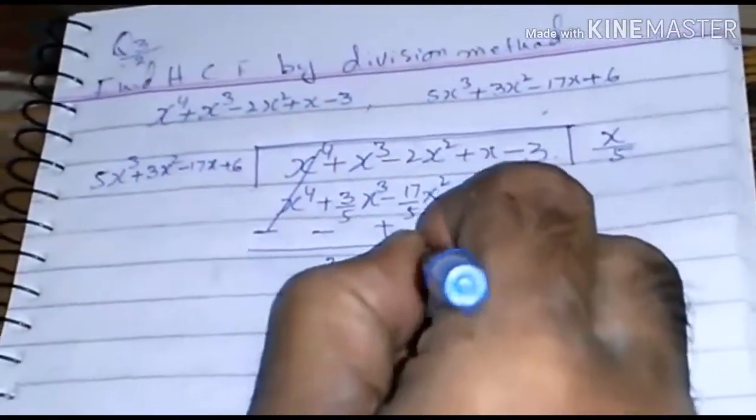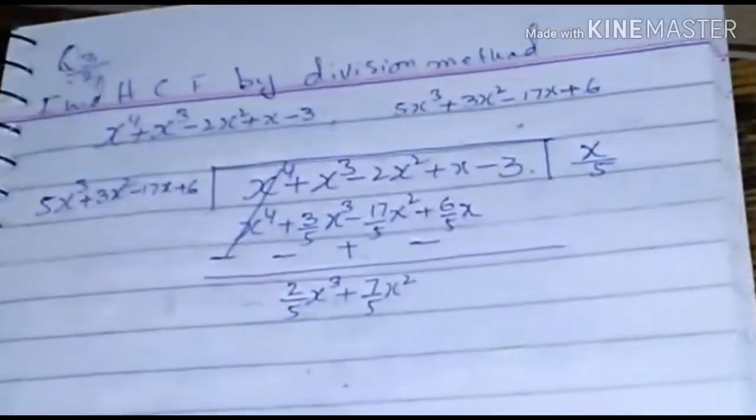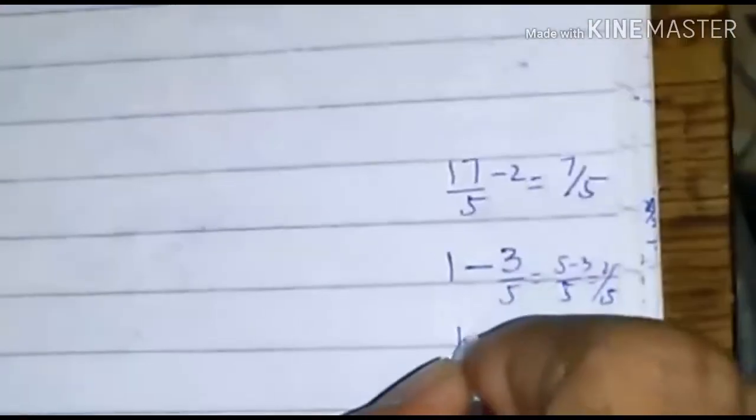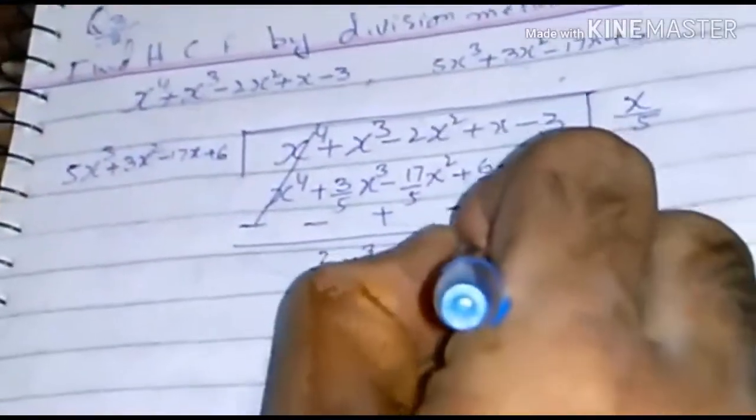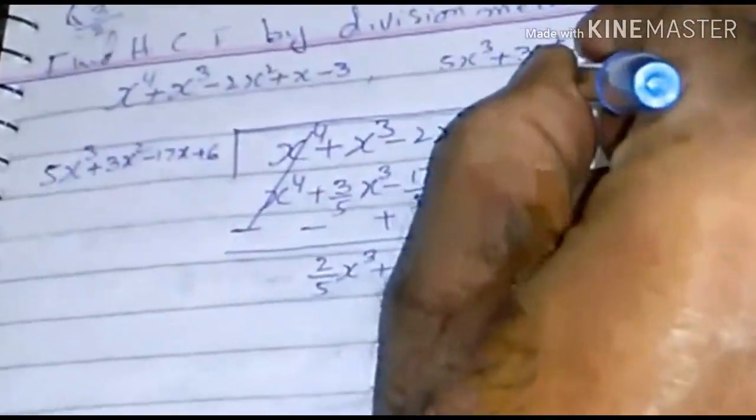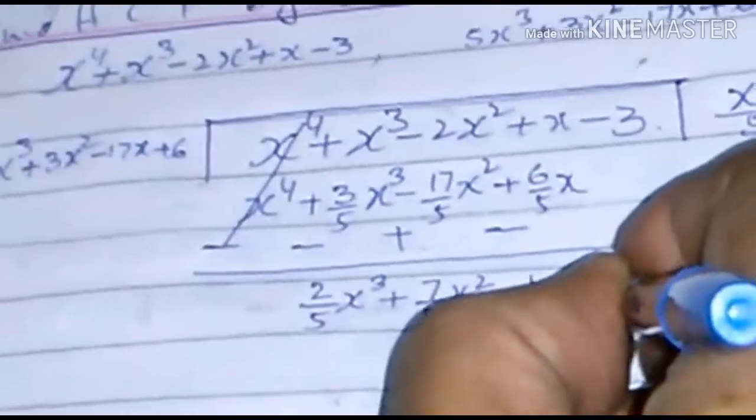We do it here. 17 over 5 minus 2 is equal to 7 over 5, plus 7 over 5 x square. Then 1 minus 6 over 5 means 5 minus 6 over 5 is equal to minus 1 over 5. Minus 1 over 5 x, and bring this down as is, 3.